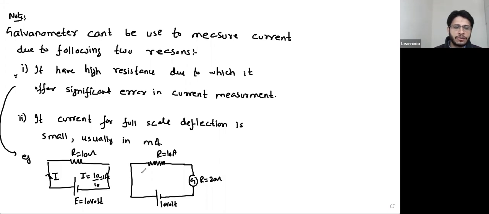How much is current now? See, current is V by R. V is 10, but your R is 10 and 20 in series. So it's 10 by 30, which is 1 by 3 ampere. Is it clear? Your current is just 1 by 3 ampere, 0.33 ampere.